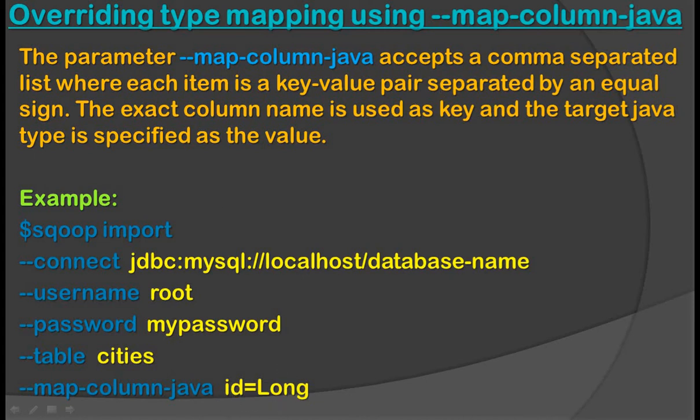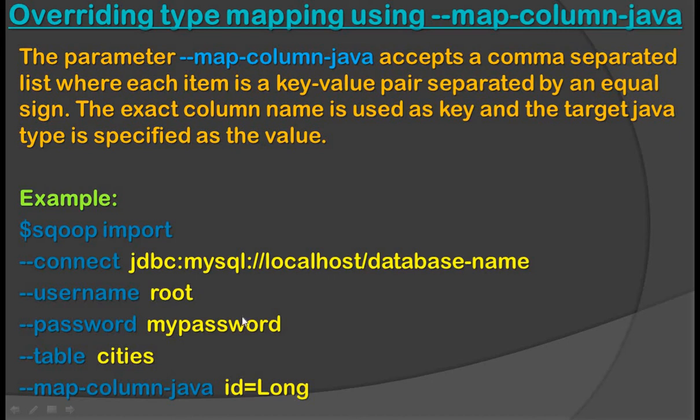The exact column name is used as the key, and the target Java type is specified as the value. It means this is the key, this is the value. If we want to change the data types, we can do it this way: double hyphen map-column-java id equals long.